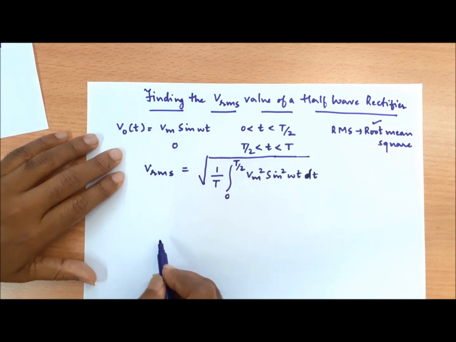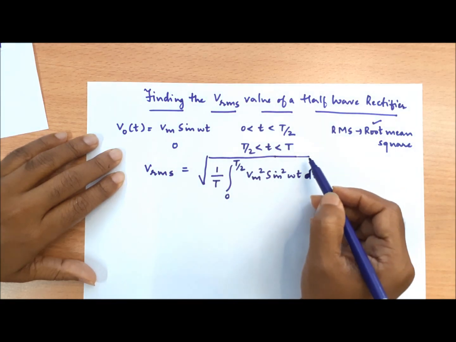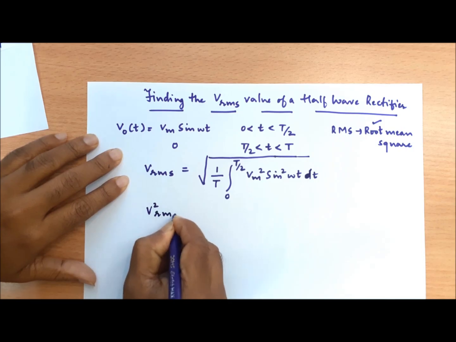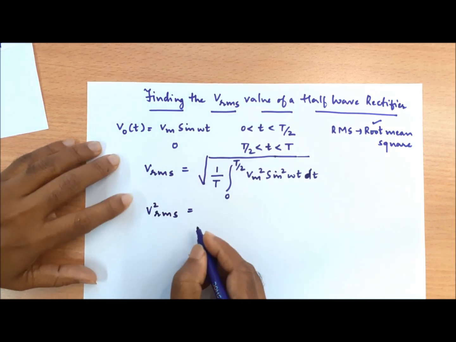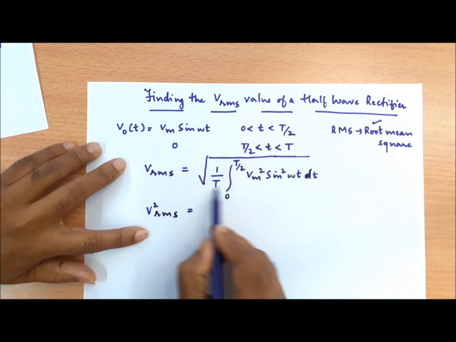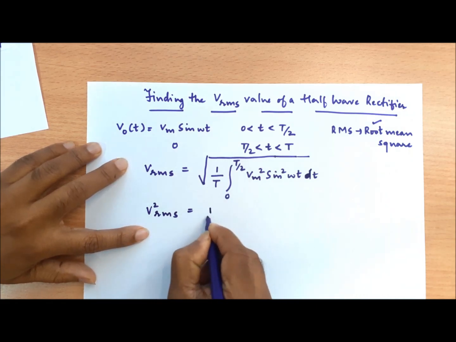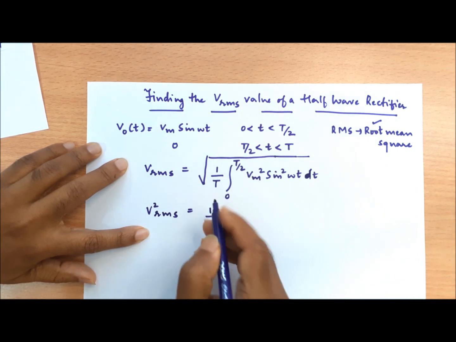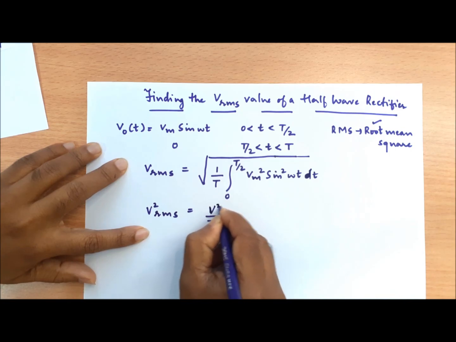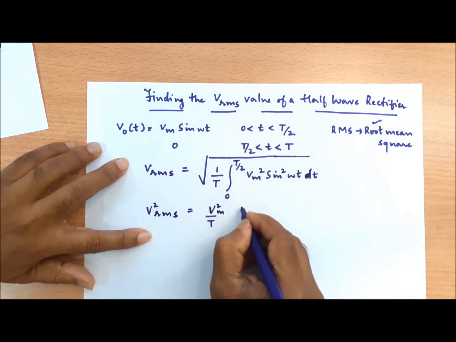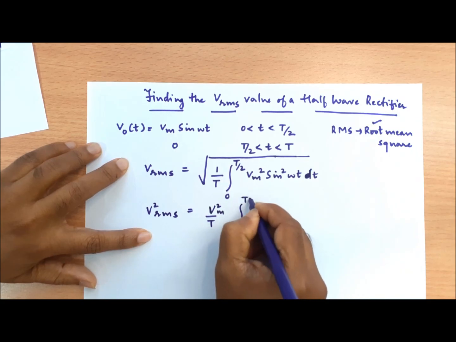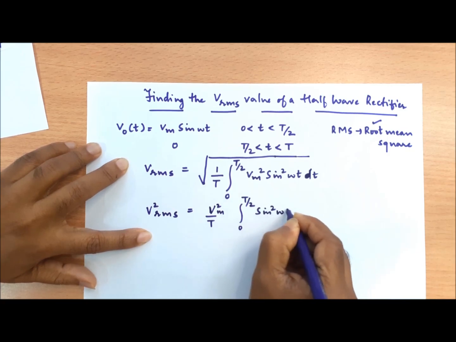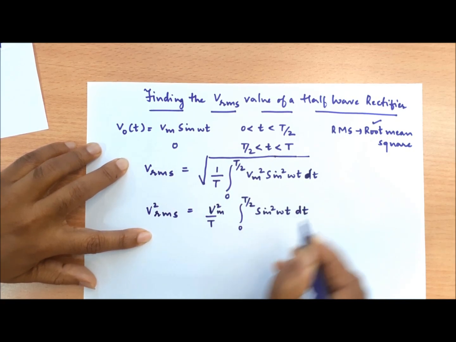To simplify things, let's take it as V square RMS. When I take the square of RMS, the square root on the right hand side will go off, so it is 1 upon T. Vm square is a constant, so let me take it outside the integral. Vm square, and it will be 0 to T by 2 sine square omega t dt.